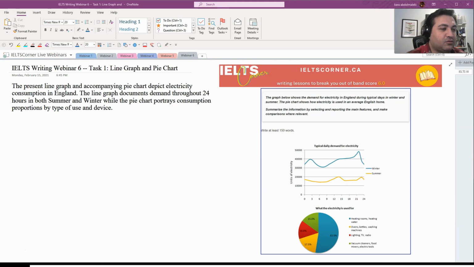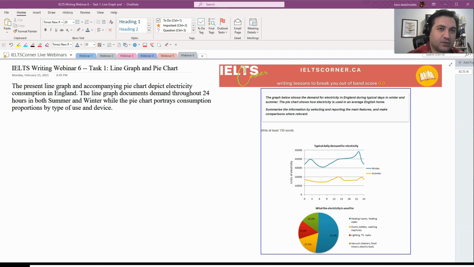For the overview, before I show you the overview, you'll see here that there are a few key features. Would you like to spend some time thinking about what the key features are, and then I show you what I thought the key features were? Okay, so the power consumption during the winter period is always higher than during the summer.